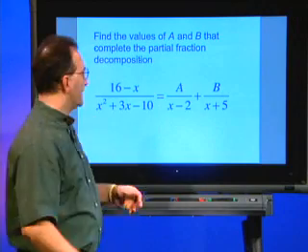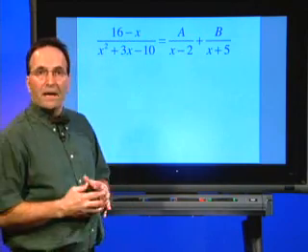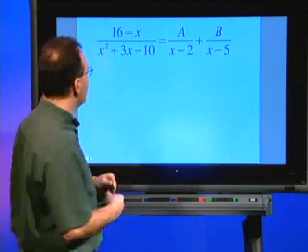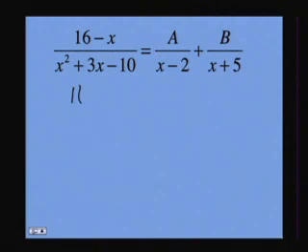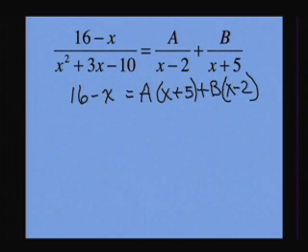All righty, let's find out how you did on this problem. First thing you'd want to do is multiply both sides of this equation by the LCD, and that's going to give us 16 minus x equals a times x plus 5 plus b times x minus 2.